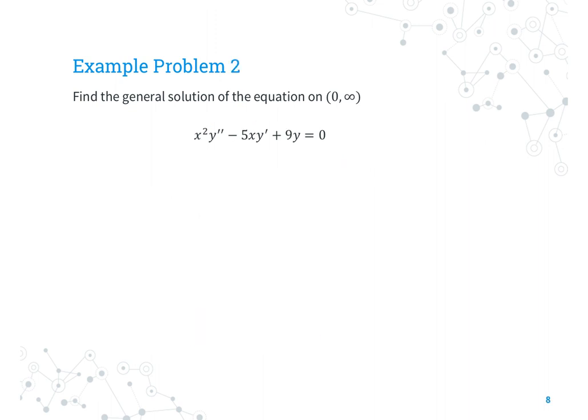In section 5.2, in class, I walked you through using variation of parameters to find a second solution when we had a repeated root, so that we didn't have two linearly dependent solutions to our second order constant coefficient problem when it had the same roots to the characteristic equation.